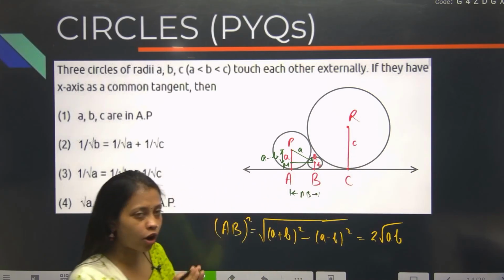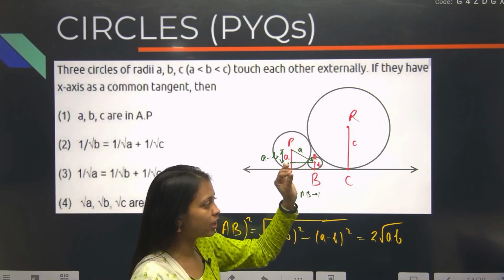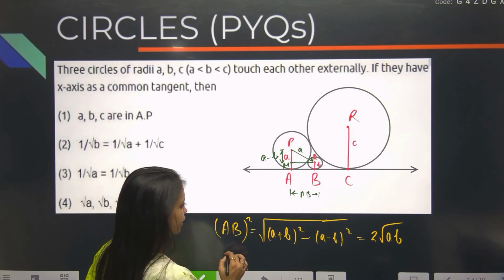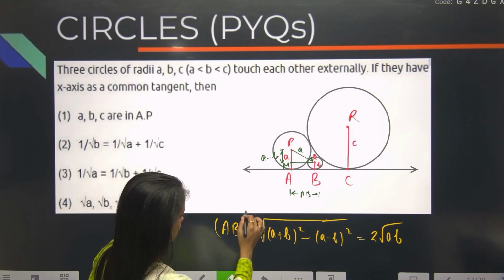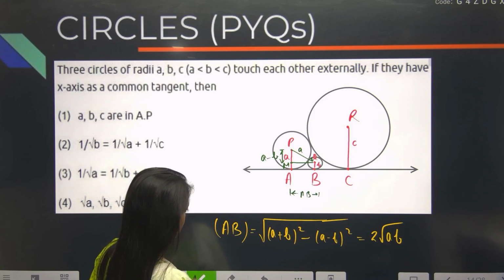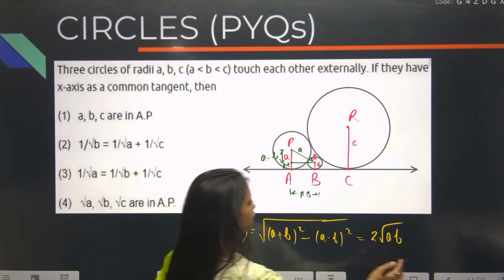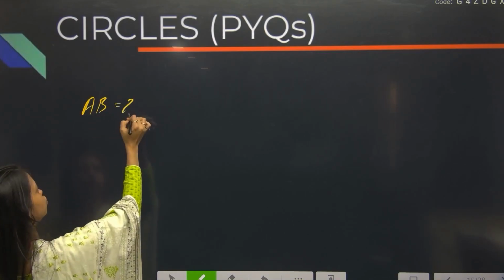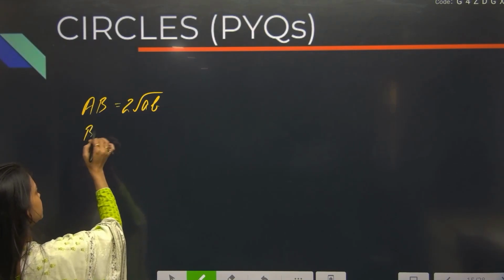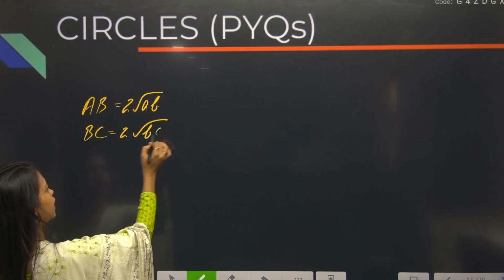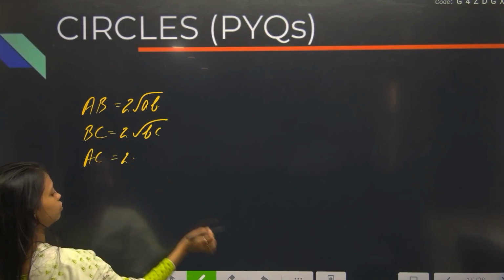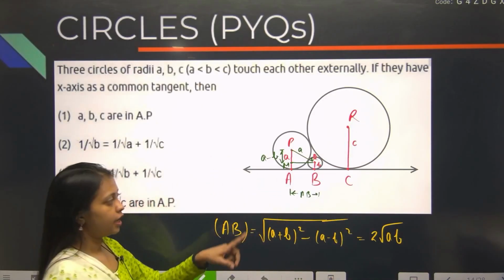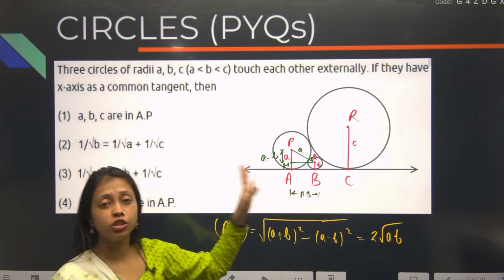No need to perform that same calculation again and again. You can see that it's exactly the same for BC as well and AC as well. So I can write, okay, I have a root, so I have to remove this square. So for AB it is actually 2 root AB, BC will be 2 root BC and AC would be 2 root AC. They are definitely collinear, because it's a common tangent.